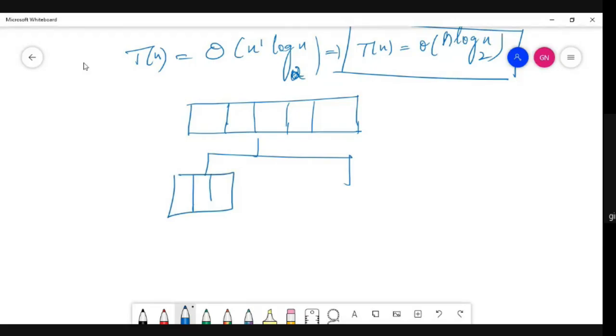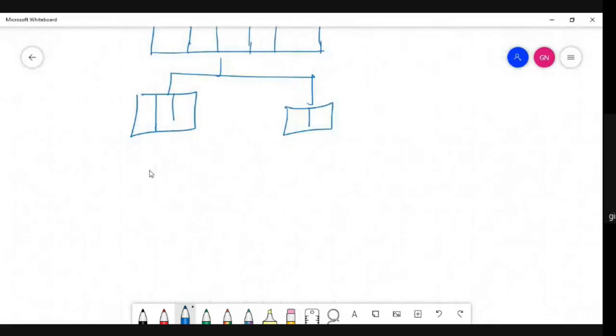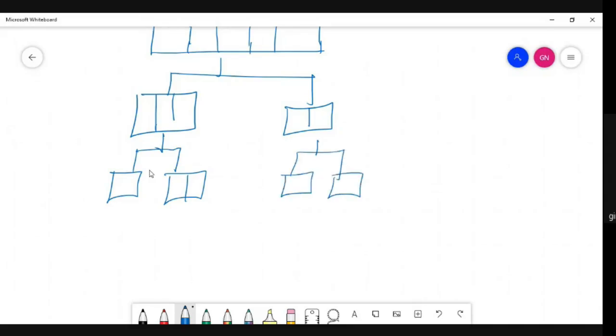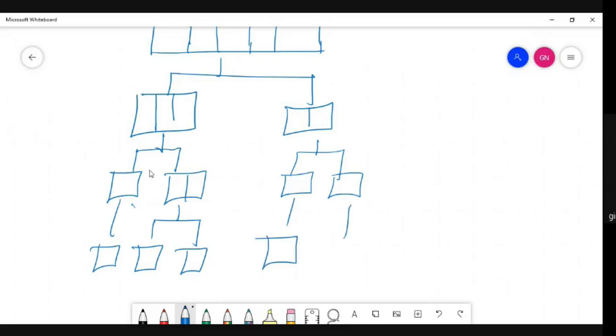Maybe on one side you get 3 elements, on the other side 2 elements, and then 1 element here and 1 element there. The right side will not be divided again, so you get 1 element here. Observe carefully, guys, this is how it happens.